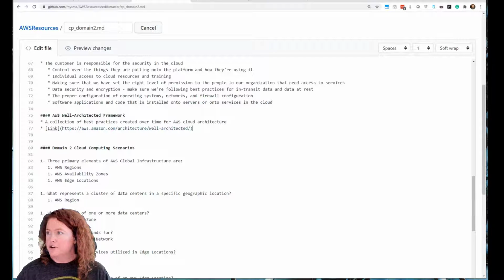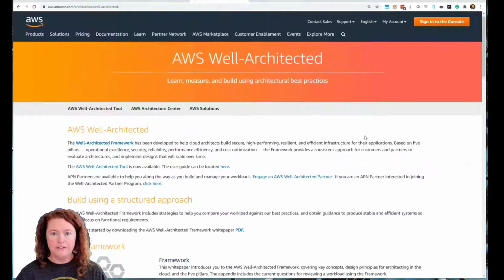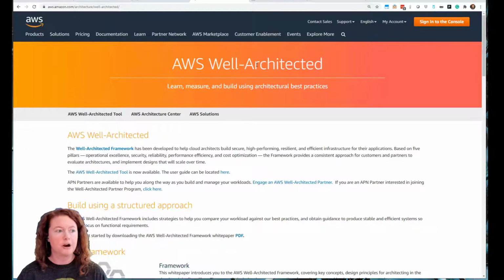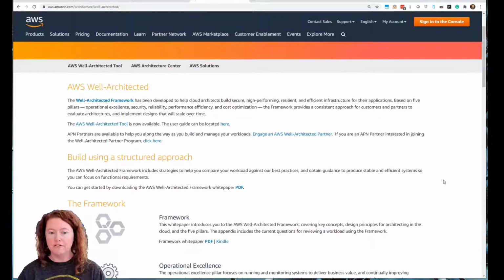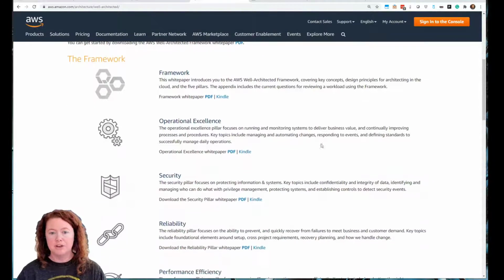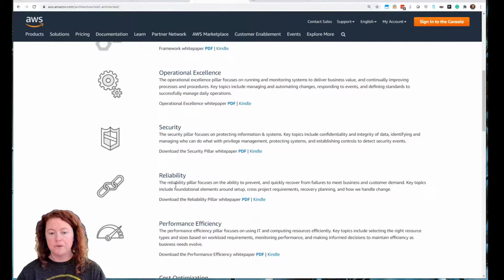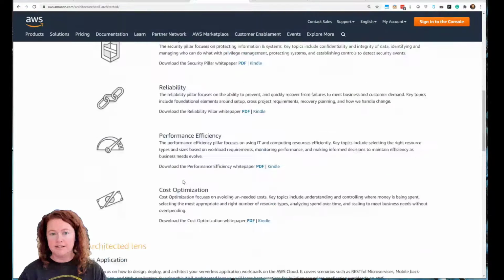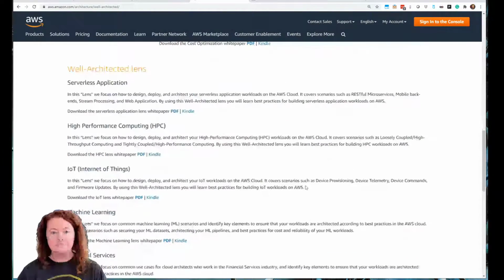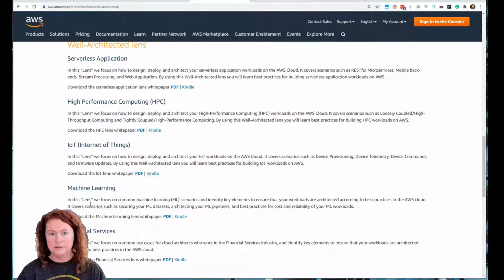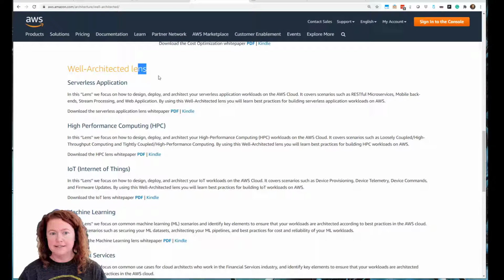So, and here I'll show you what this looks like. So on this page, the well-architected framework, they have, again, a collection of best practices organized across 5 key pillars to help you best create systems that drive business value. And so you can go through these different areas that they've identified, they call this the lens.